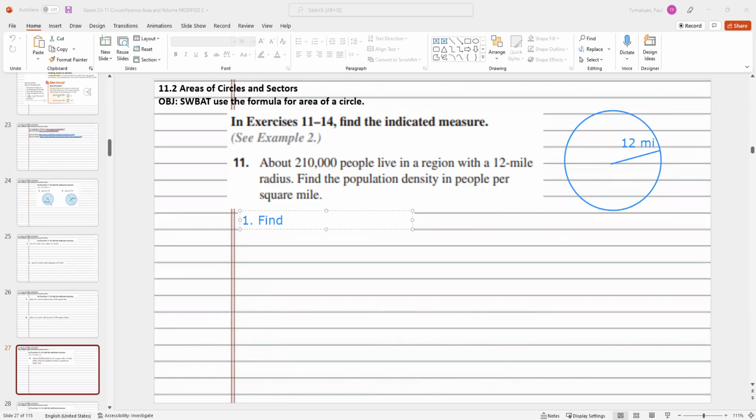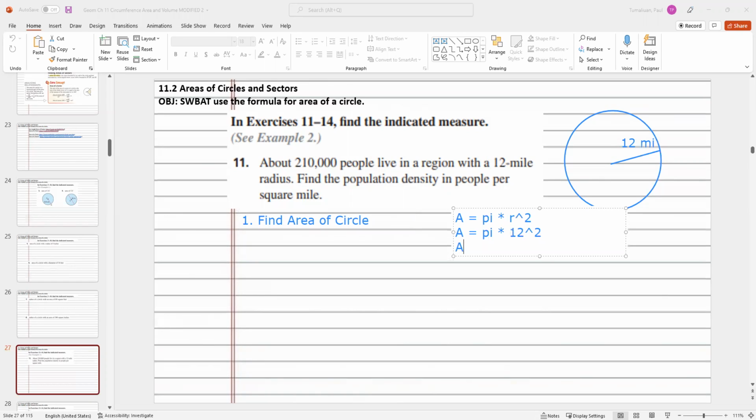Oh, I should have written down the steps for the others. Oops. Oh well. All right, so the area equals pi r squared. Area equals pi, and our r is 12, times 12 squared. Plug that into the calculator.